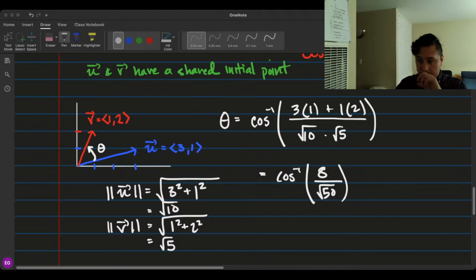Let's see, what is the cosine inverse of 8 over root 50? One second, I'm opening a calculator.